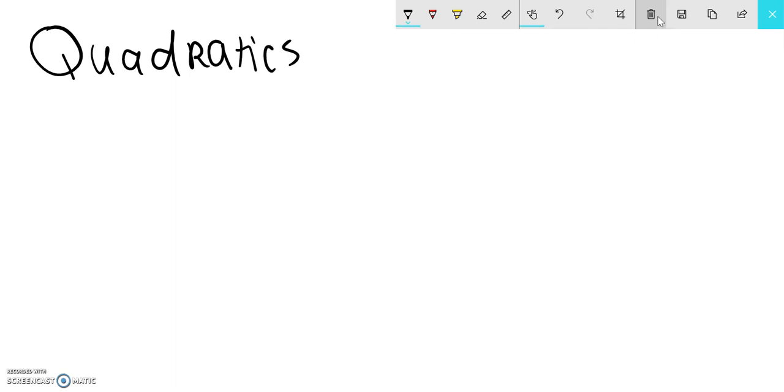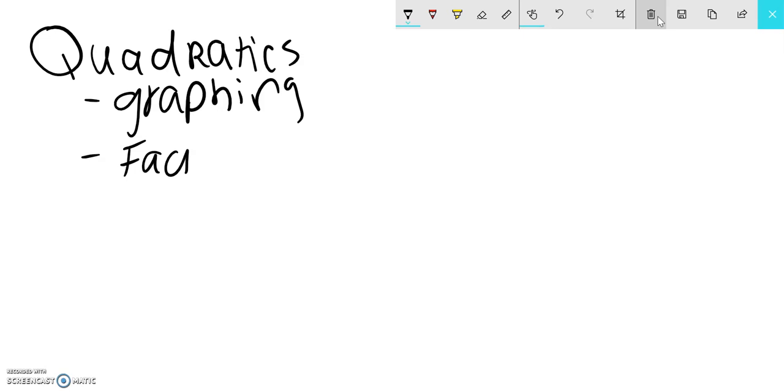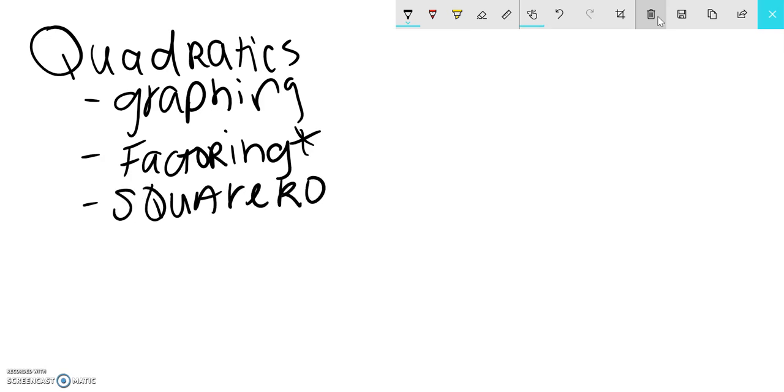Okay, so we've talked about multiple ways we could solve a quadratic. We've talked about graphing. Okay, we have talked about factoring, only when factorable. Okay, we've talked about taking the square roots when there's no b value.